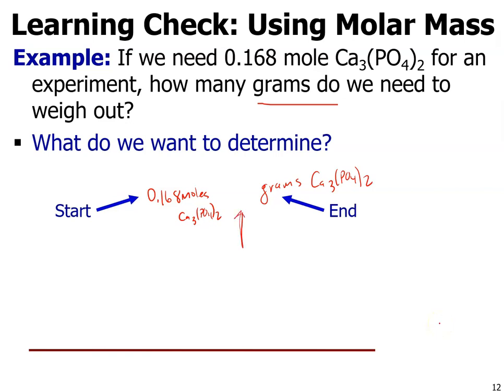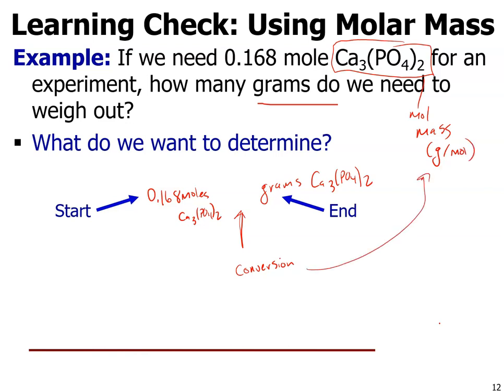And then in the middle here, we need our conversion factor. How we're going to determine that, we've already walked through the steps for determining the molecular weight or the molecular mass. And that should be calculated in grams per mole, right? That's going to be our conversion factor for solving this problem.